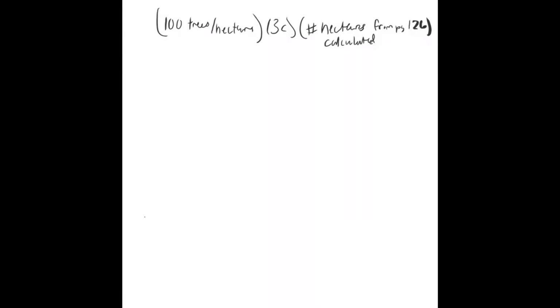So for 3F, all you have to do is take your answer from 3E, right? So that's our carbon amount. We're going to multiply that by our ratio to carbon dioxide, which is 3.6663. And that'll give us our answer for that one.